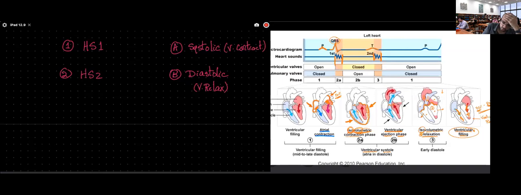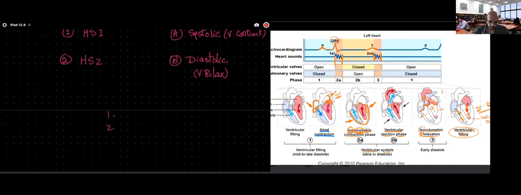So for the first heart sound, please put 1 and next to it either A or B, and for the second heart sound put 2 and either A or B. So put 1A, 2B, or 1B, 2A as your answer.